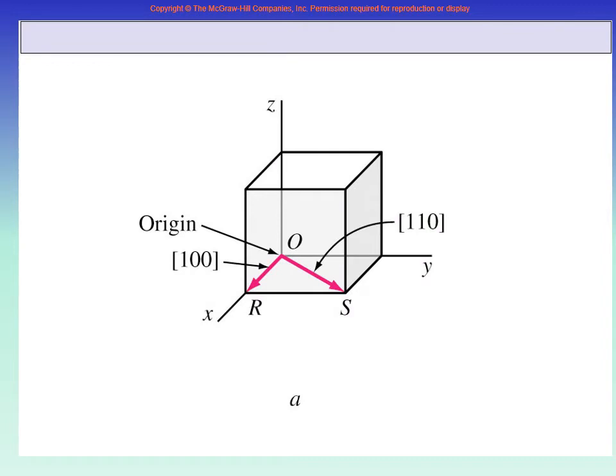So I will take one. So let us say this one. So we are doing only one direction at one time. We want to do only this one, right? So you are starting from here and you are going there. So the starting point is what? 0, 0, 0. Yes. And the ending point is what? You have moved 1 in the x direction and 0 in the other directions.